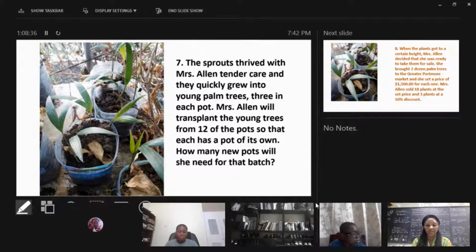How many new pots? Ashley says 36 new pots. And Nia says, or Naya, not sure which pronunciation, says 33 pots. Cashmark says 5 new pots. But remember, scholars, when you're giving me your answer, first of all, tell me which number you're answering.